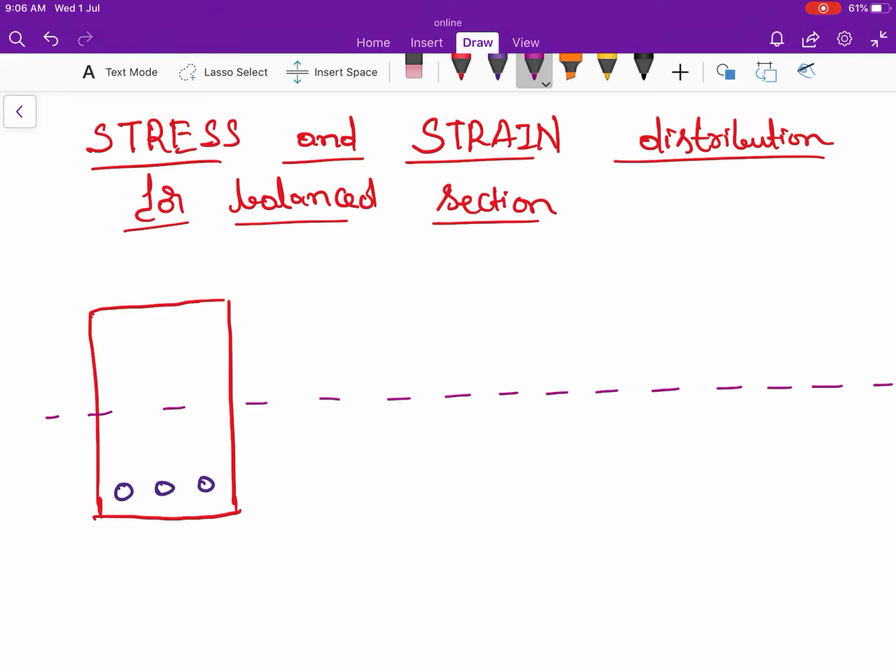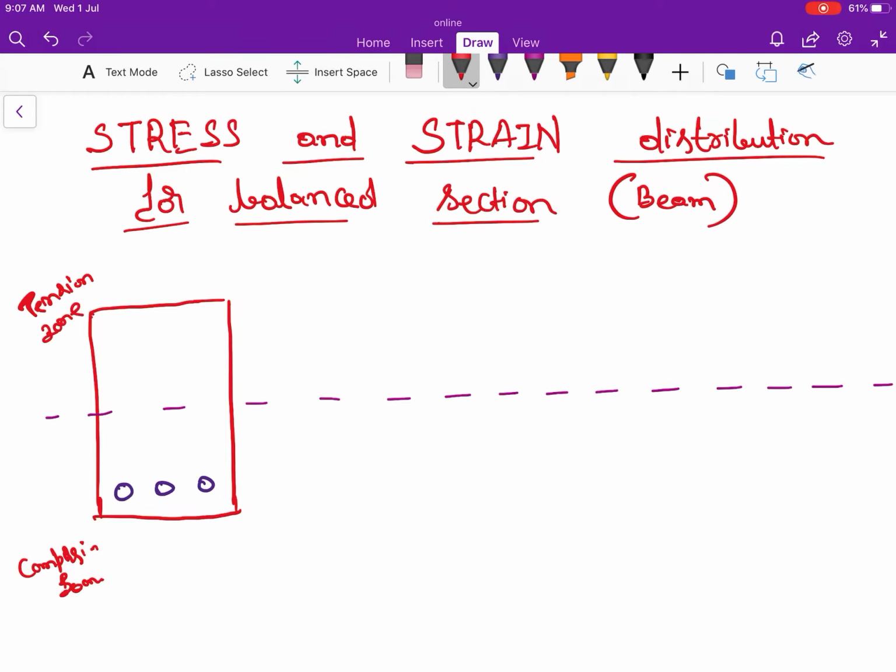Let me take this as a beam. First you need to know the difference between singly reinforced and doubly reinforced beam. The cross section of the beam which you are seeing here is called a singly reinforced beam. Below the neutral axis is called the compression zone, and above the neutral axis it is called the tension zone.